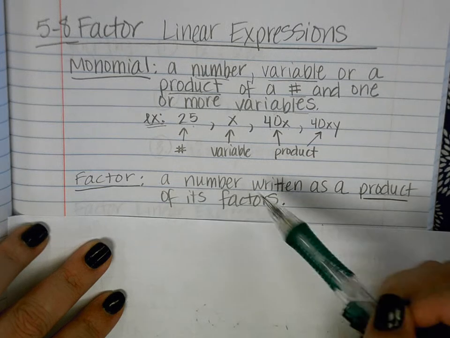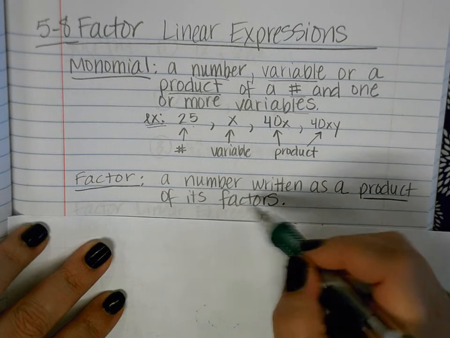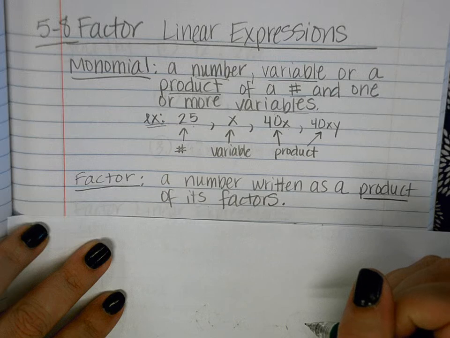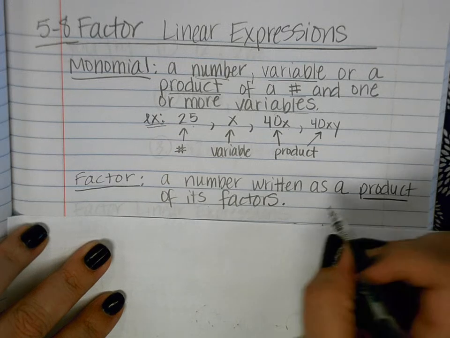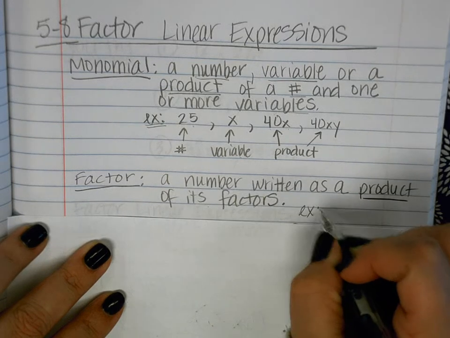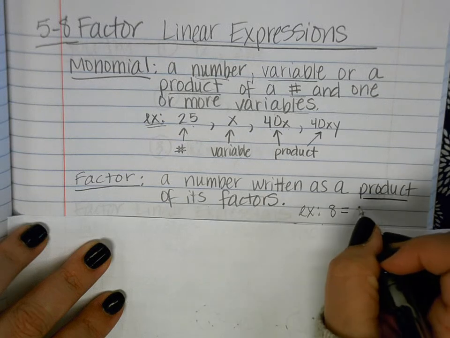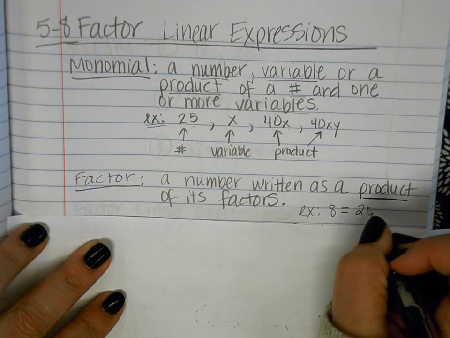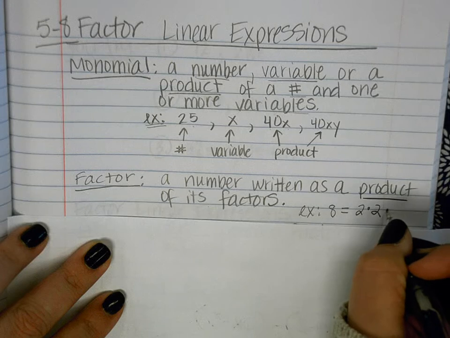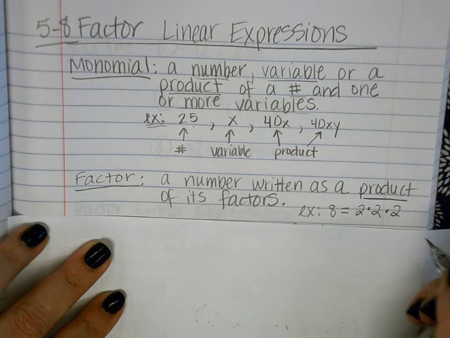A factor is a number written as a product of its factors. So an example would be 8 equals 2 times 2 times 2.